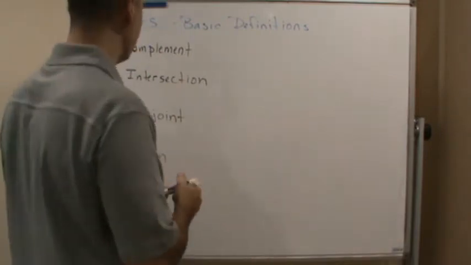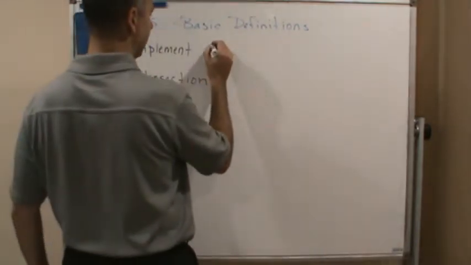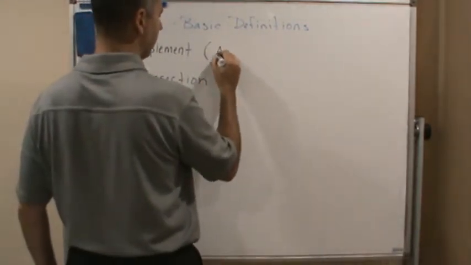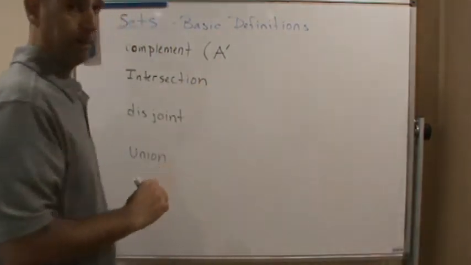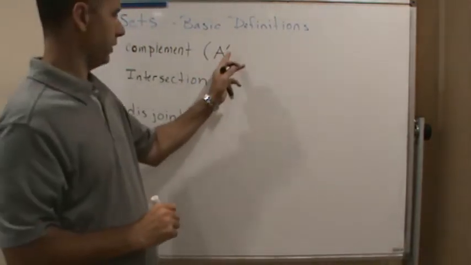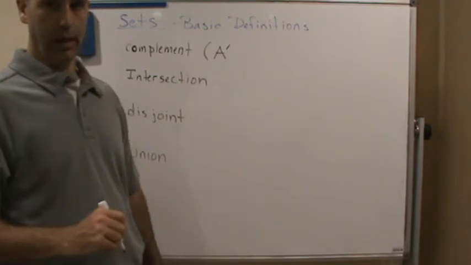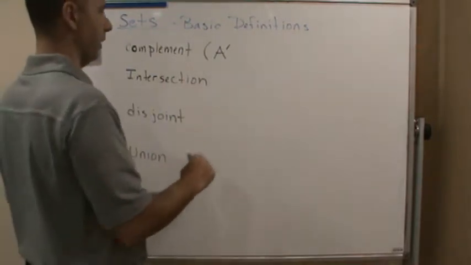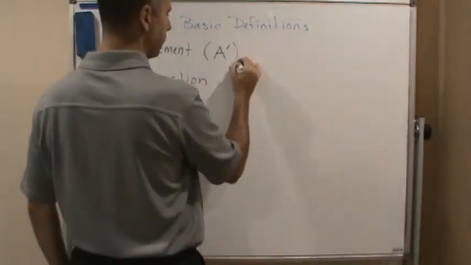How we denote that is by using the symbol A prime, with a little slash here. We pronounce this A prime.